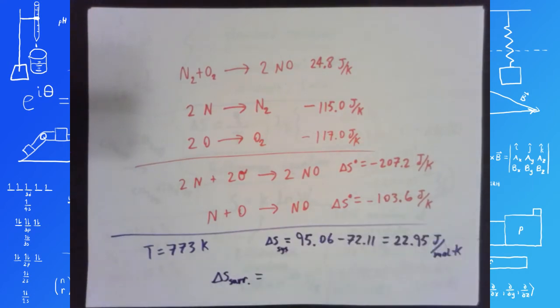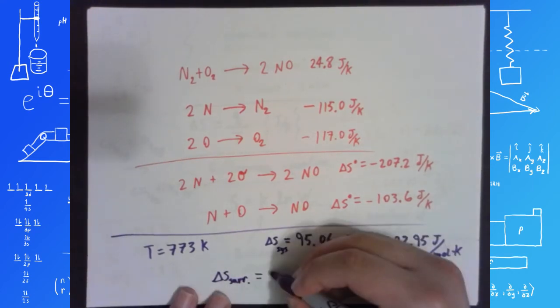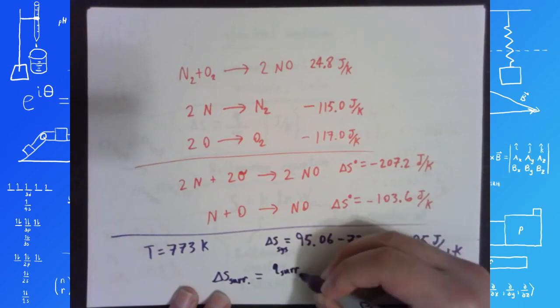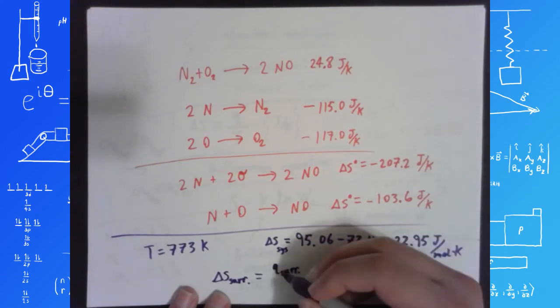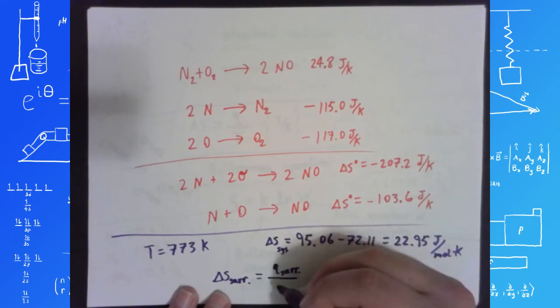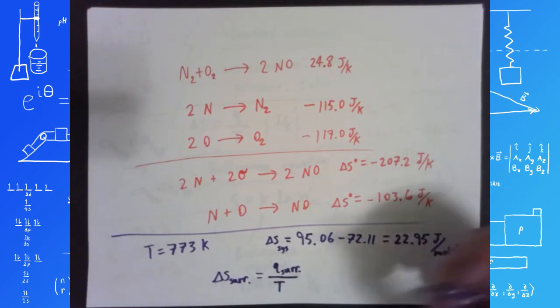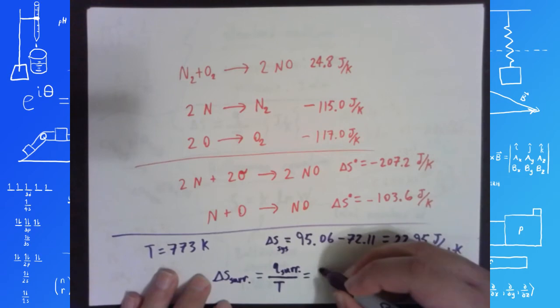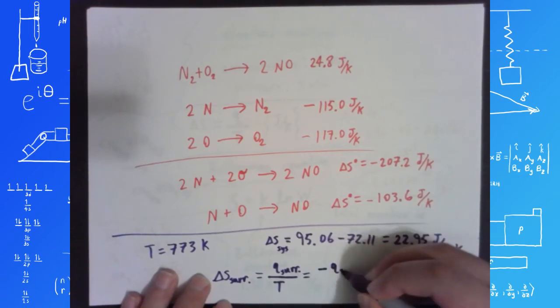So delta S of the surroundings is going to be Q of the surroundings, the amount of heat absorbed or lost by the surroundings, over the temperature of 773. Now, the heat gained or lost by the surroundings equals the negative heat gained or lost by the system.